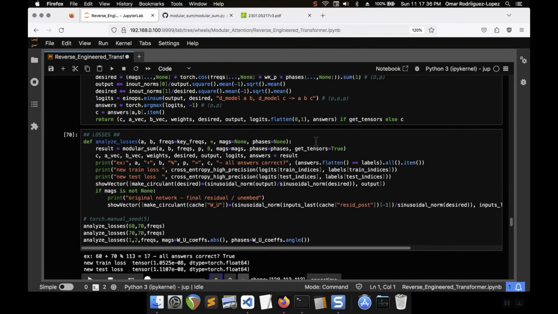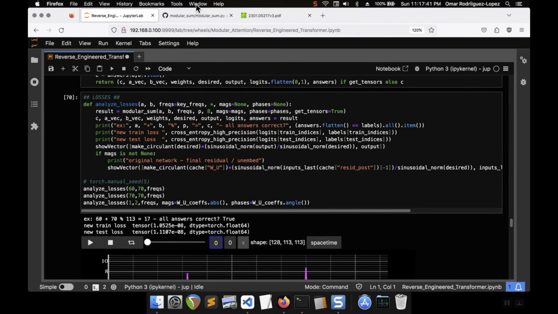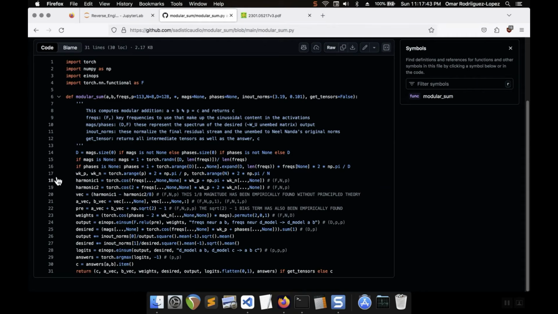If you were to set the phases or magnitudes differently, they impact the loss quite a bit. If the magnitudes are very uneven, where sometimes some of them are 0, sometimes some of them are way bigger than the other ones, they get normalized afterwards.